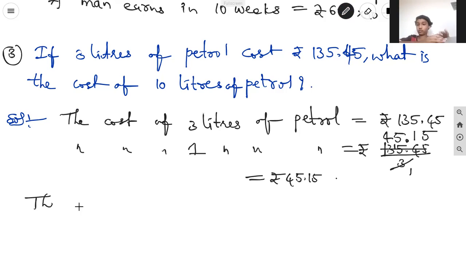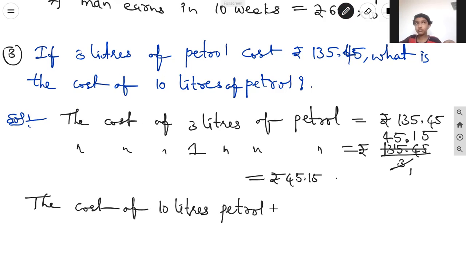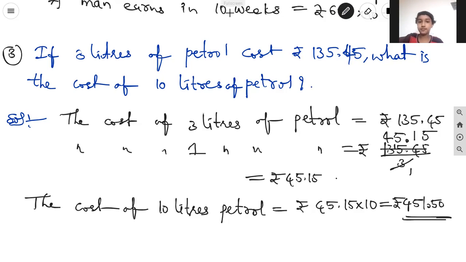Find out the cost of 10 liters of petrol. That is equal to 45 rupees 15 NP multiplied by 10, that is equal to 451.50 rupees cost. Okay.